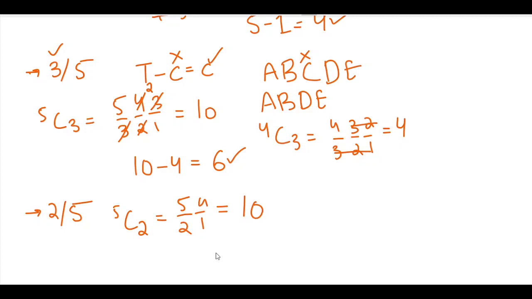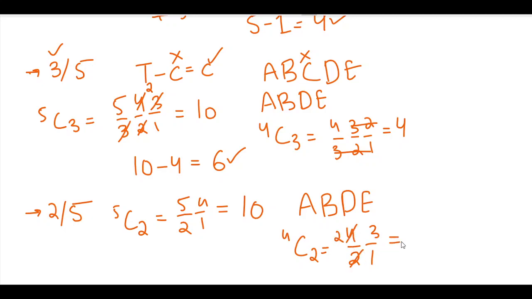However, since I am not interested in C, why don't I consider this strength and just pick 2 of them. So 4 combination 2 is 4 times 3 over 2 times 1. 2 ones are 2, 3 twos are 6. Now I can just subtract the 6 from 10 and get a 4.